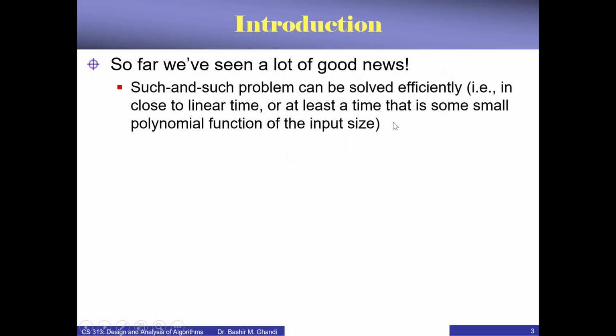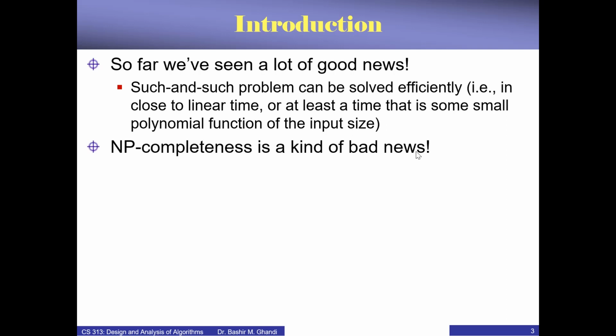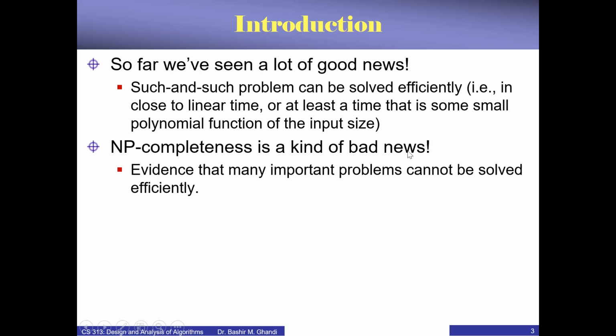Okay, usually big O of n to the power k, where k is some constant. Now, NP-completeness, on the other hand, is a kind of bad news. Okay, it is evidence that many important problems cannot be solved efficiently.